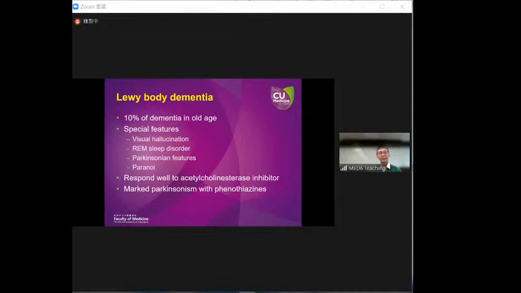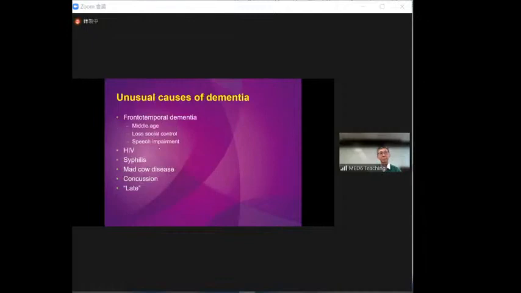If you give them phenothiazines, they would become markedly Parkinsonian. This accounts for 10% of all dementias in old age. I'm not going to go through the rest, except to mention that frontotemporal dementia is something to consider in young people with dementia, in middle age. The onset is in the early 50s, late 40s.